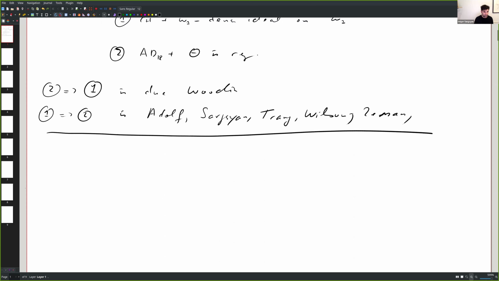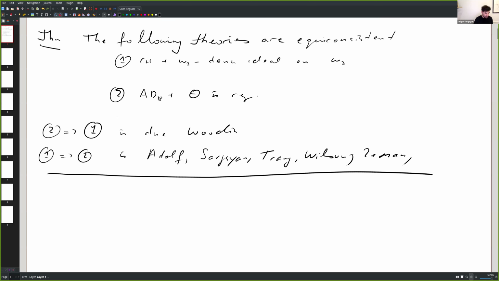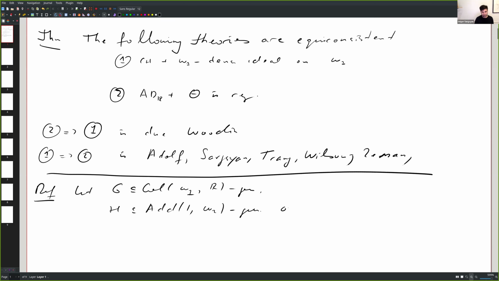Okay, so what is the method for getting this independence? It's the following. Let G be P_max-generic, and H be Add(1, omega 2) generic over V[G], right?